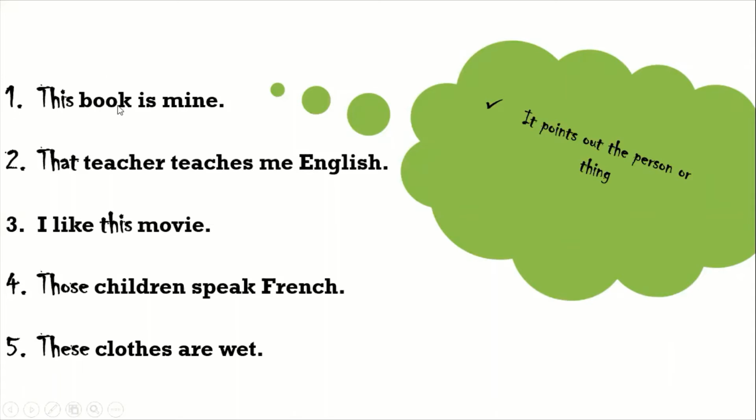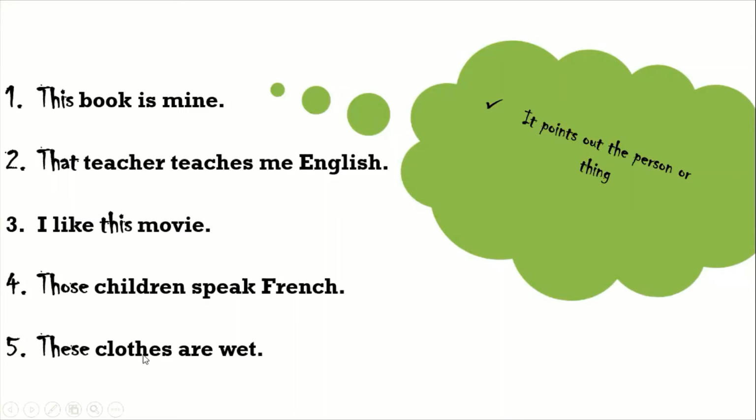See, this is a thing. Book is a thing. Teacher is a person. Movie, thing. Children, clothes. All these are related to person or thing. So the first point is it points out the person or thing. Next thing, what did we realize? Now, in this, is there a noun in the sentence? Yes. Book is a noun in the sentence. Teacher is a noun. I like this movie. Movie is a noun. Those children is a noun.